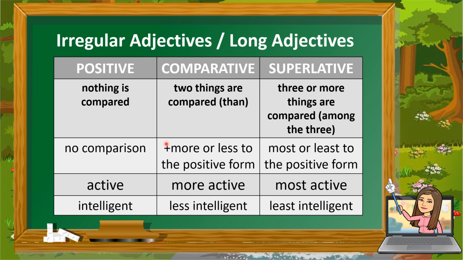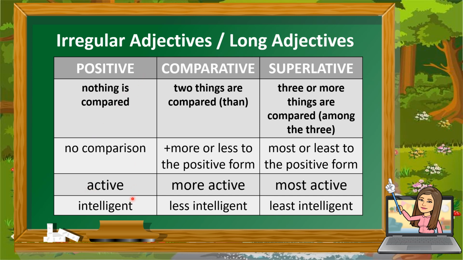Okay, and you're going to add less also in the beginning of the adjective. Okay, so same process as the superlative degree. We are going to add most or least in the beginning of the adjective. Alright?